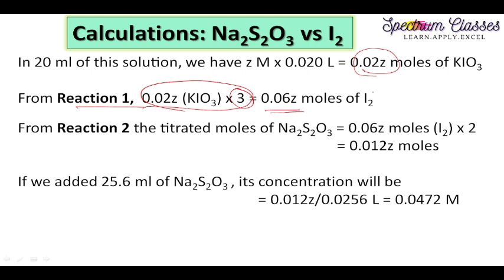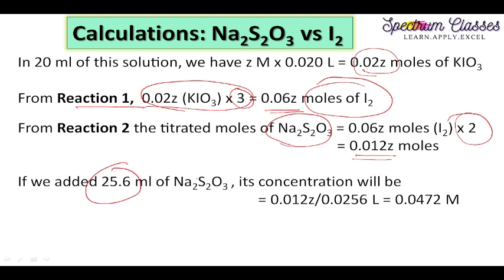So this is this many moles of iodine, and this many moles of iodine on titration with sodium thiosulfate. One iodine requires 2 moles of sodium thiosulfate, so I multiplied it by 2, and this many moles of sodium thiosulfate. And the final volume which is required, we need to divide by that also. So we get this much.